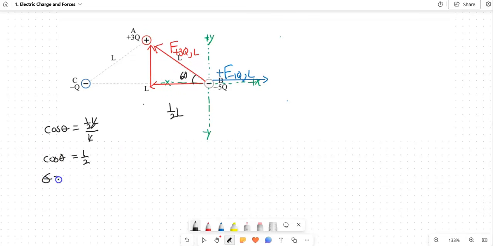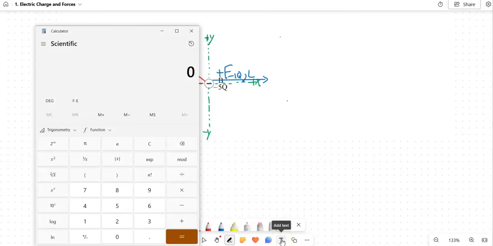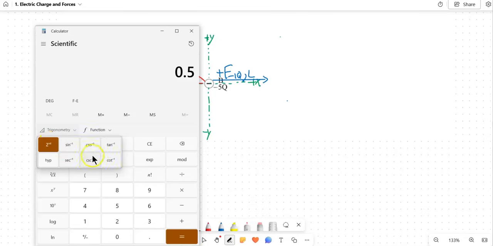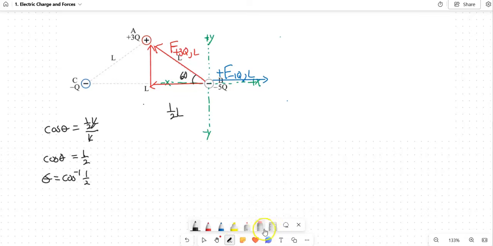So theta, you take the inverse of that. I just want to prove it to you. So 0.5, you take the inverse of that, and you get 60. Okay?